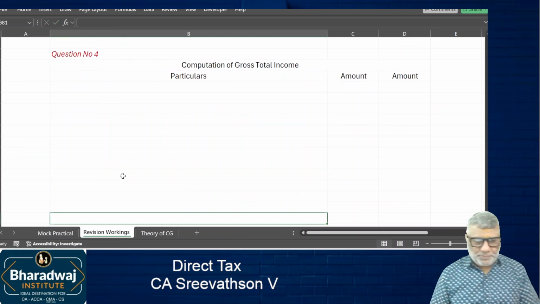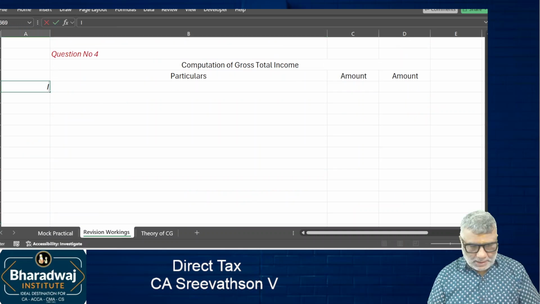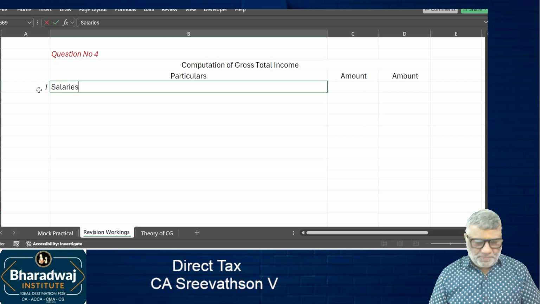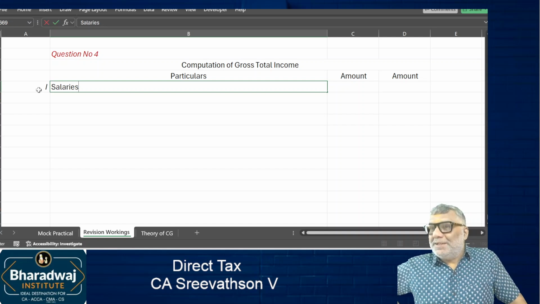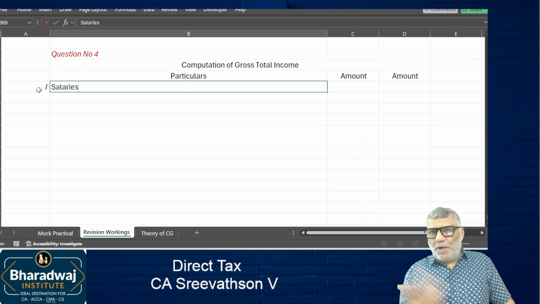Right. Roshan, 1, salaries. Before going into this, let me also call out to you: clubbing of income, not clubbing of receipt. Why am I saying this?